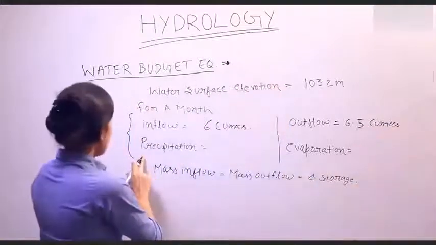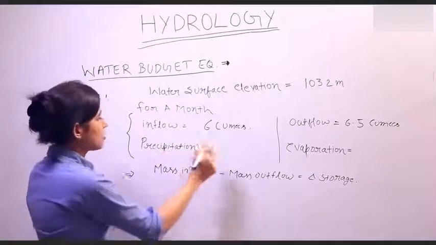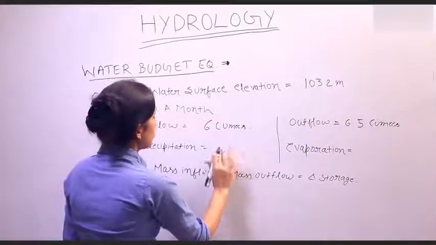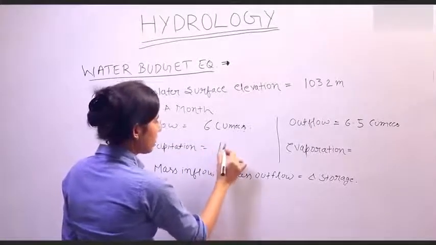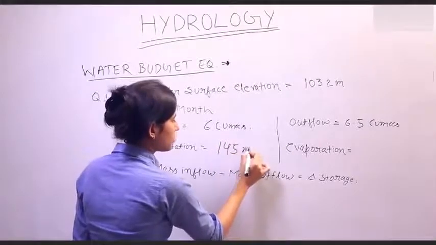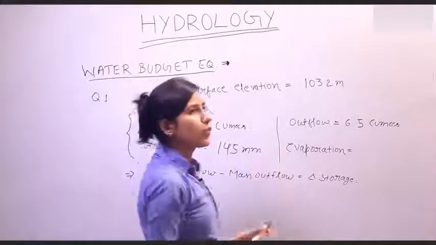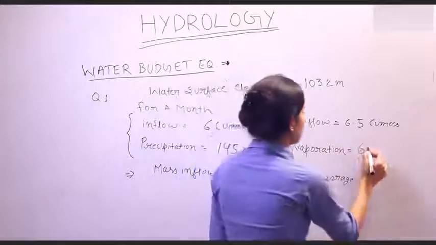Precipitation on that lake is 145 mm, and evaporation, let's say 6.1 centimeter.